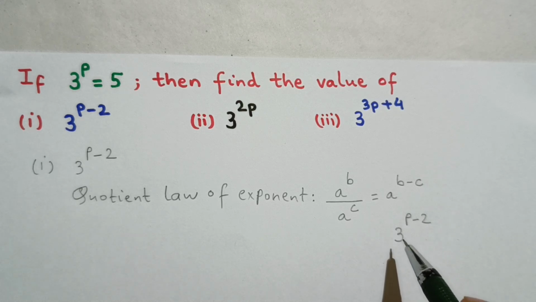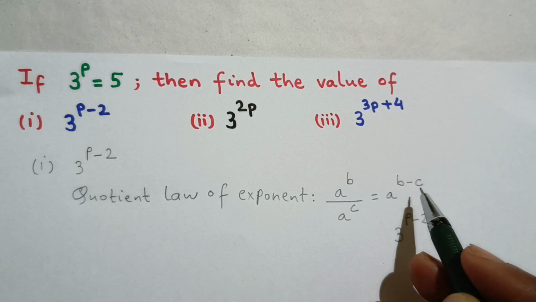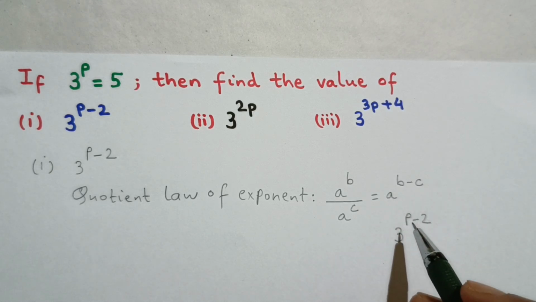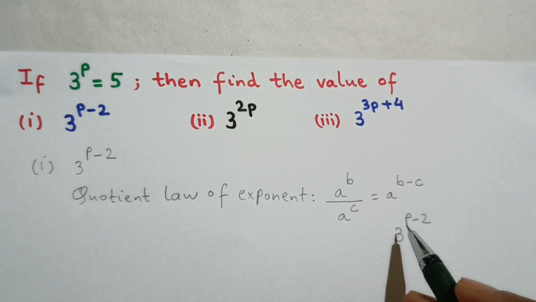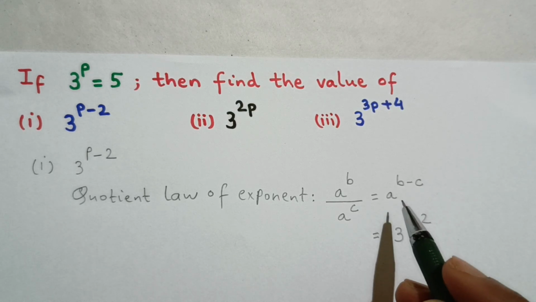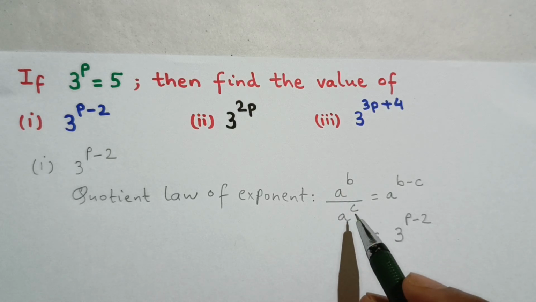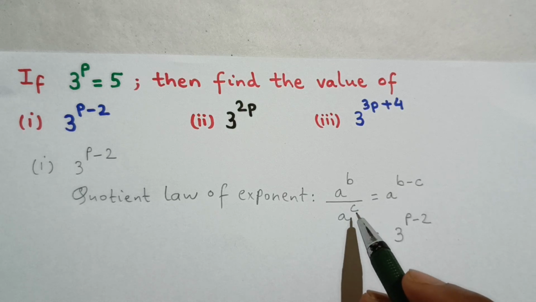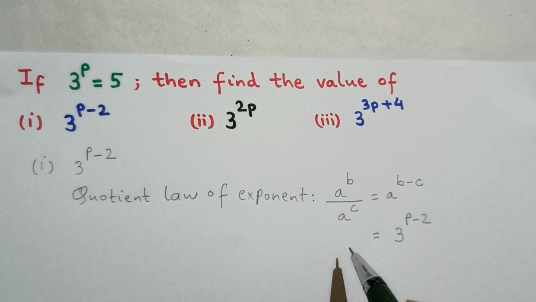So on comparing 3 to the power p minus 2 with a to the power b minus c, a is 3, b is p and c is 2. Therefore 3 to the power p minus 2 can be written as, a to the power b minus c is written as a to the power b divided by a to the power c.